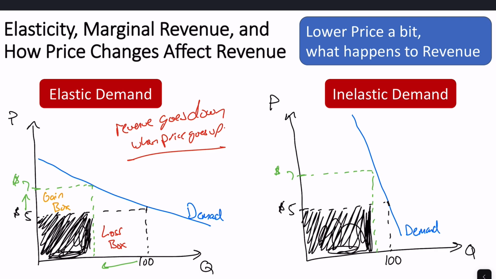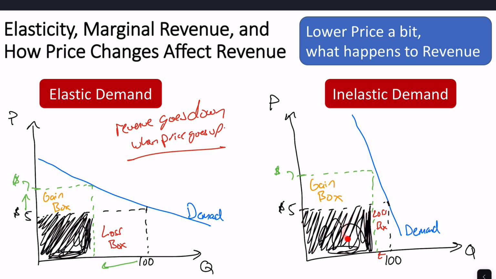We're going to lower quantity. And so this box here will be our loss box. We're going to lose that much in revenue as we raise the price from having to sell a lower amount of quantity. But we're going to gain a big box of revenue from being able to charge a higher price on all those units that we do sell after we raise that price.